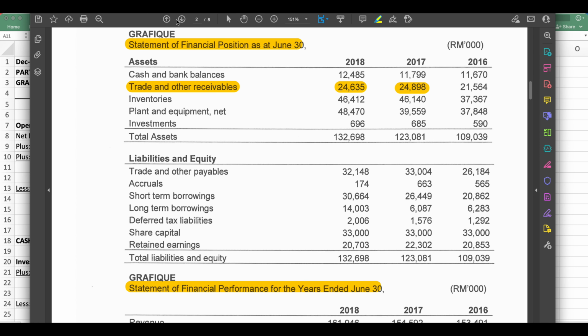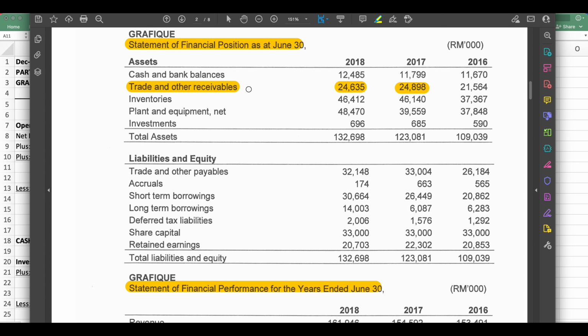Why cash inflow? Because in year 2017 it was 24,898, and then it reduced to 24,633. Meaning to say here, we are receiving money from our receivables. The account receivables had paid their debt. So the debt of the account receivables is reducing from year 2017 to 2018.